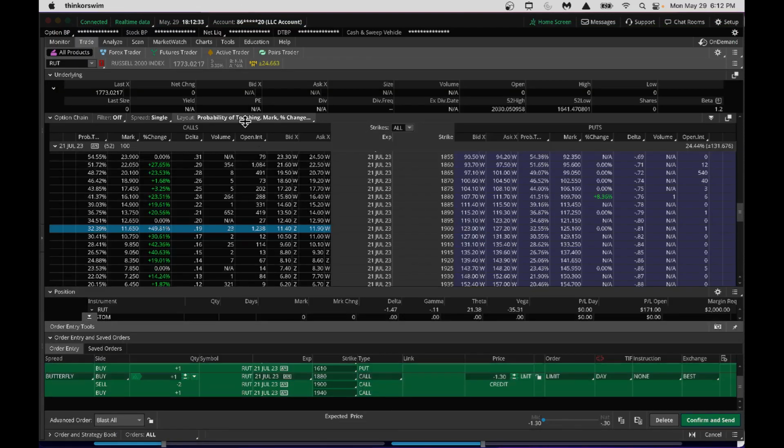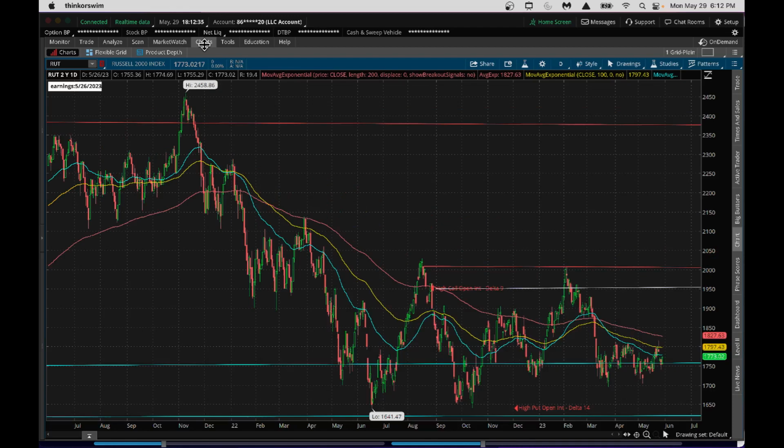And look, from a charting perspective, I always draw a few lines in the chart. As you can see here, I know where my delta is. On the call side, delta 9 is around 1950. On the put side, delta 14 in this case, which is a high open interest level, is around 1600. You don't need to be fancy.